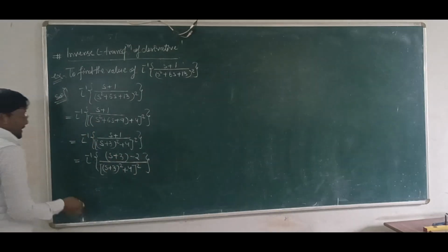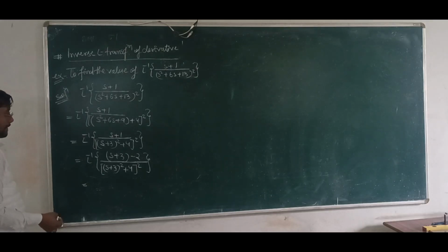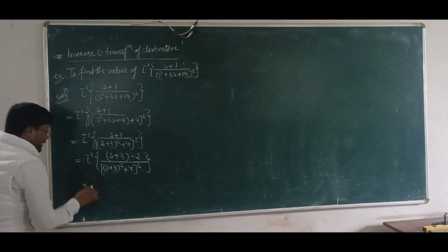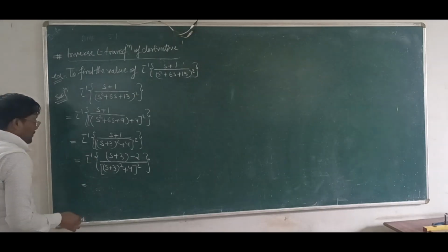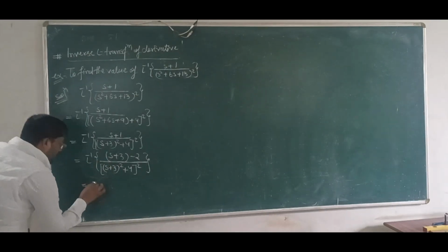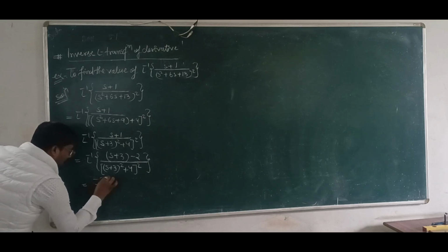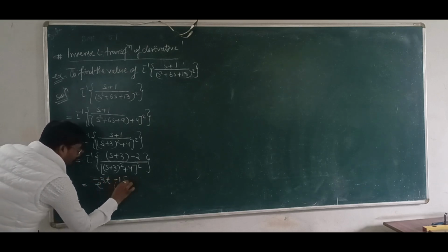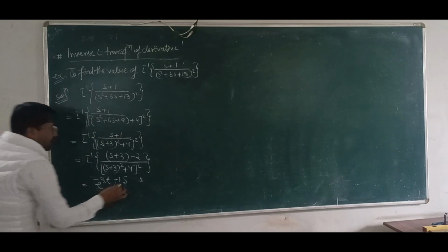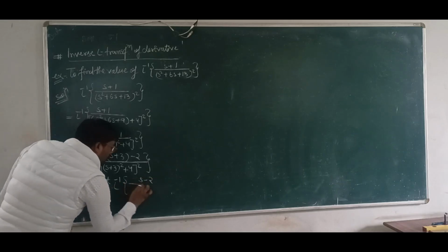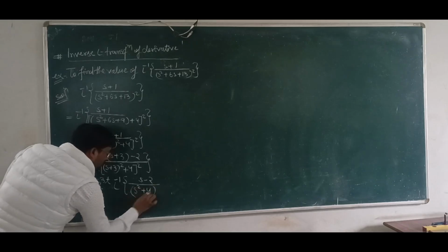Now you can break this equation. You can write e to the power minus 3t inverse Laplace of (s minus 2) upon (s square plus 4) to the whole power 2.